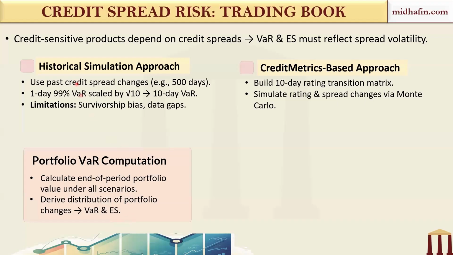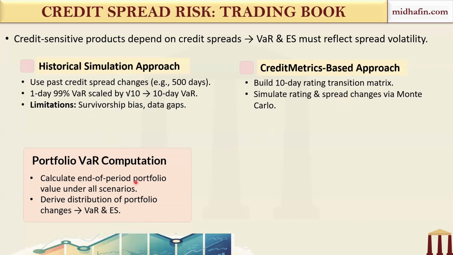So in short, this method is simpler, but it may underestimate the risk because of these two biases. Credit metrics based Monte Carlo provides a richer, forward-looking framework. It integrates the rating migration, spread volatility, as well as portfolio valuation, making it much more consistent with how credit-sensitive instruments behave in practice.